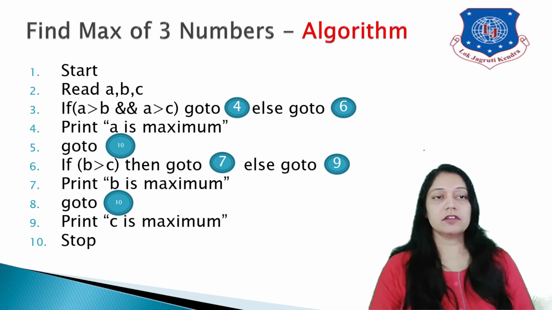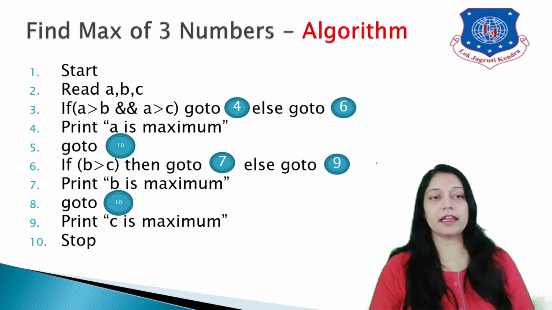So this was about the algorithm. If A is greater than B and A is greater than C, then A is the maximum number and go to 10. So 10 means stop. But if the condition is false, then I'll go to point number 6.